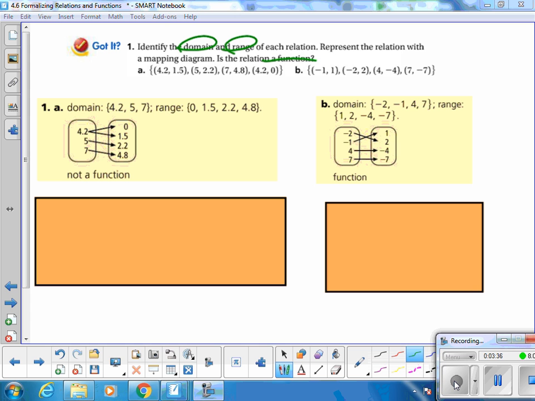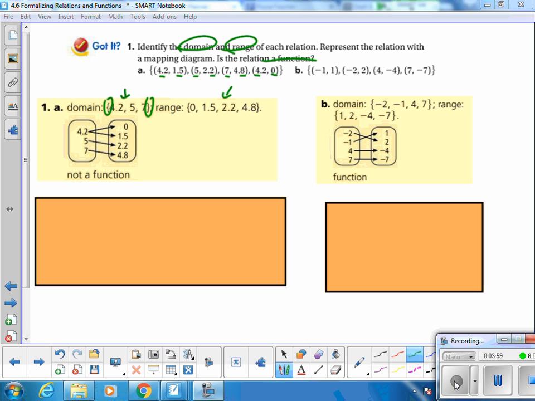All right, you can see the domain is all of our x values. Our range is going to be all of our y values. And if you notice, they do get placed in order too, from least to greatest. So keep that in mind when you're organizing your domain and your range, using your brackets as well to indicate those.